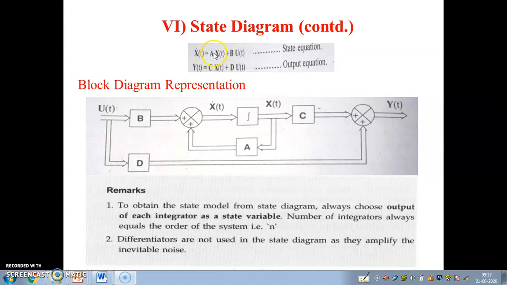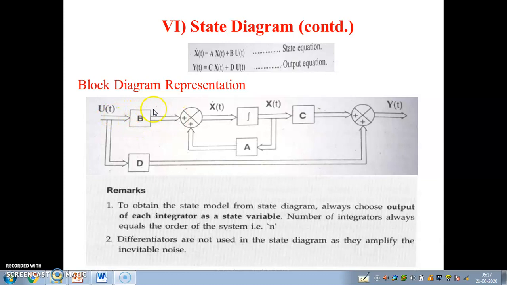So, there are two inputs over here. It comprises two components over here. So, there will be an adder before this x dot of t. So, B into u of t is the second component.